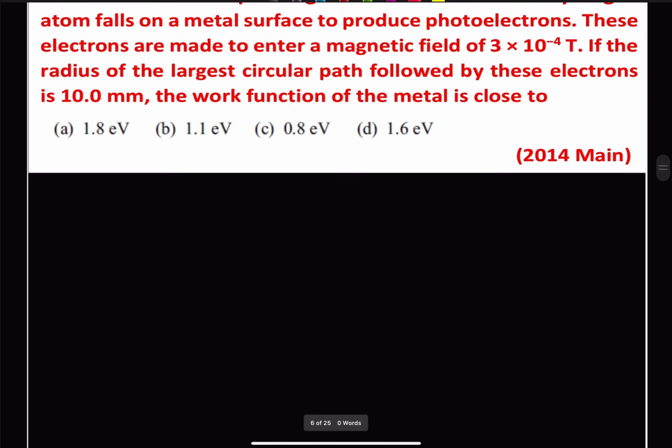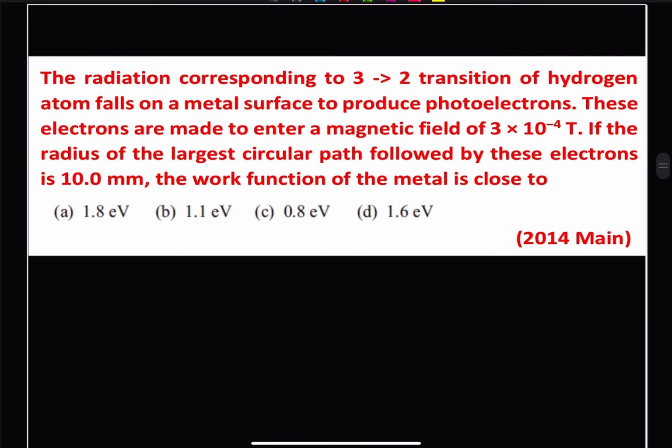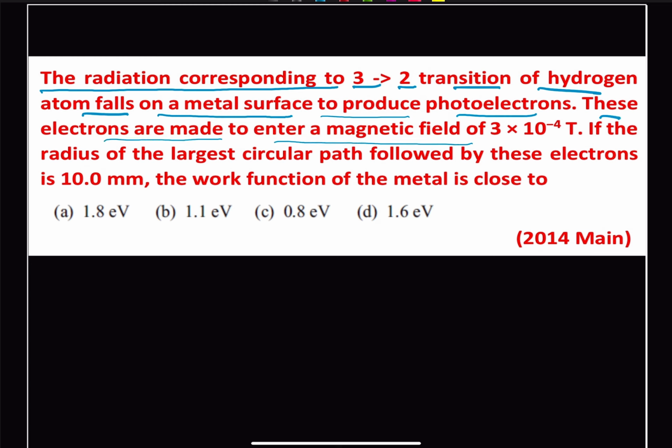Next question. It states that the radiation corresponding to the 3 to 2 transition of a hydrogen atom falls on the metal to produce photoelectrons. These electrons are made to enter a magnetic field of 3 into 10 to the power minus 4 Tesla.